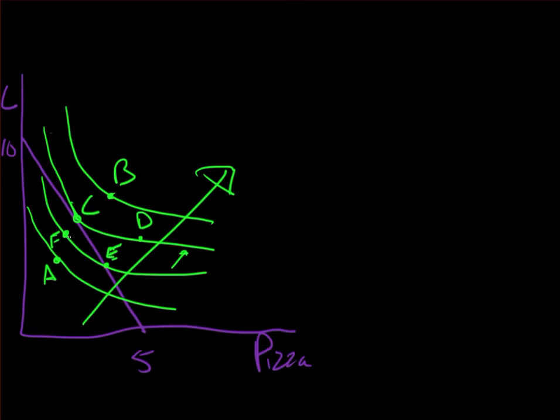And if I want to compare F and C, naturally I must be happier with C than with F because I could have more cola and more pizza than the other option.